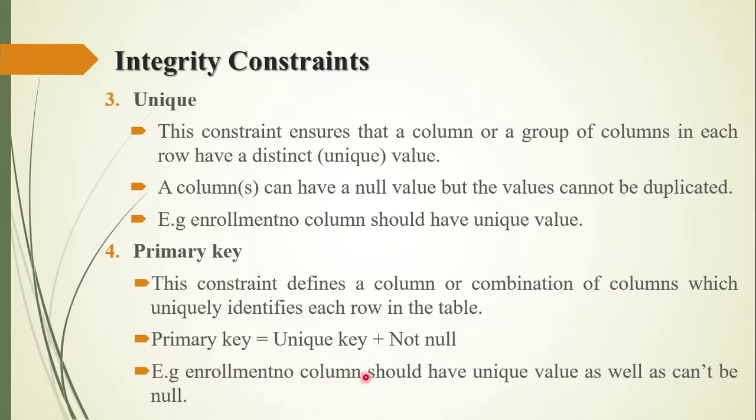It has a unique value, and it can't be null. Each and every one of the 20 students has an enrollment number, and each has one unique number. So this is the primary key, unique value plus not null. This is the concept of primary key.